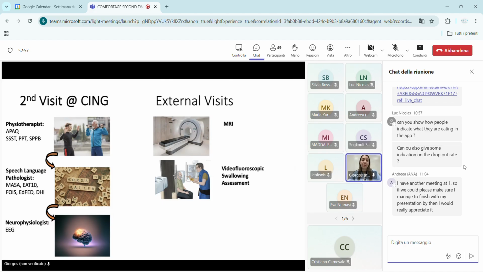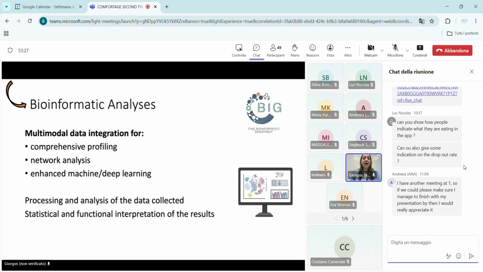Then the people come for a second visit where they visit the physiotherapist and the speech language pathologist, who do different clinical tests, and also the neurophysiologist for EEG. Then they are done with SINC, and they go for external visits for brain MRI and also the fluoroscopic swallowing assessment, the VFSS, which is an instrumental study of swallowing.